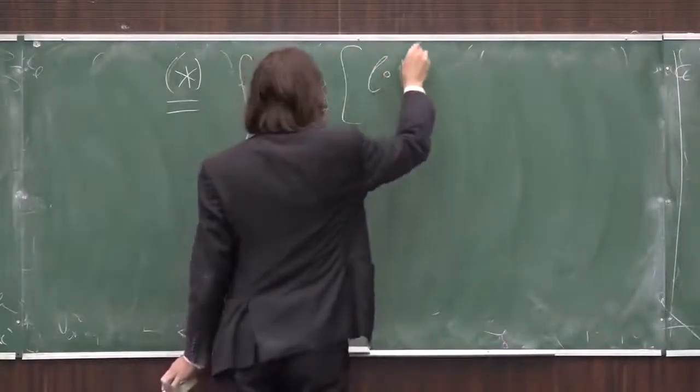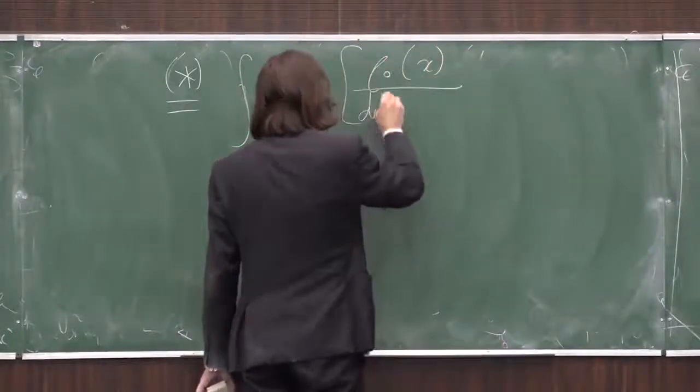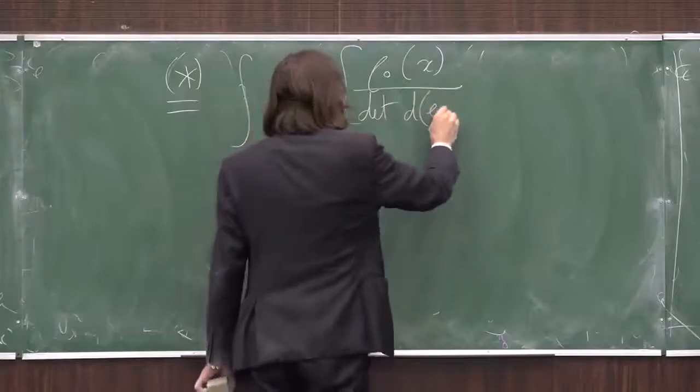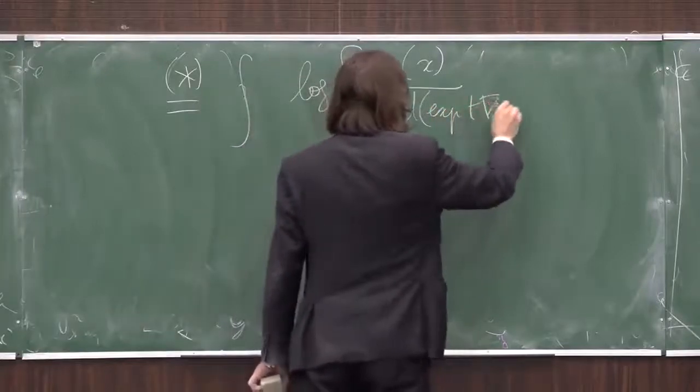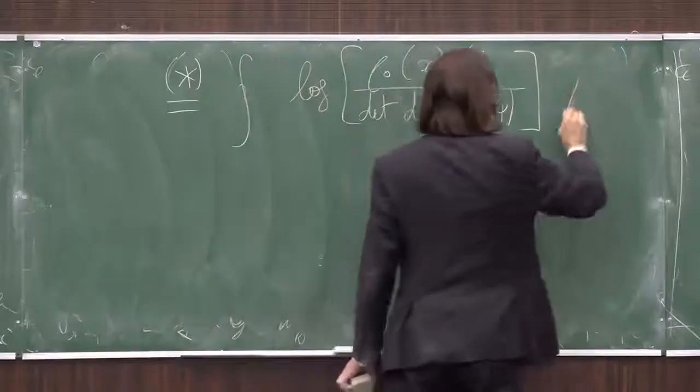Or like this: log of rho 0 of x divided by the determinant of d exponential t grad psi, mu 0 of dx.